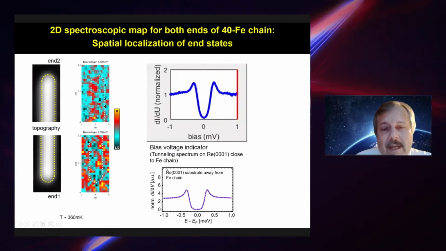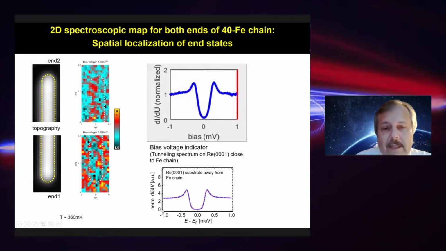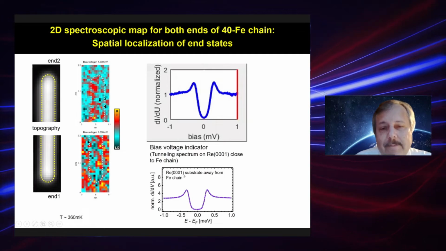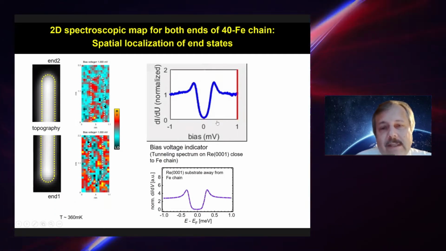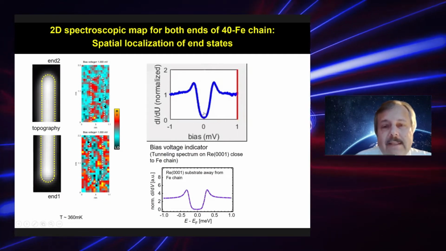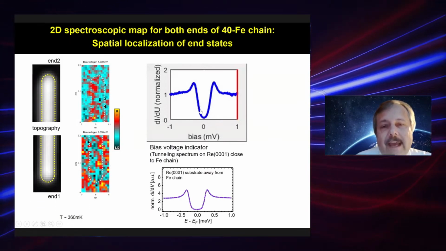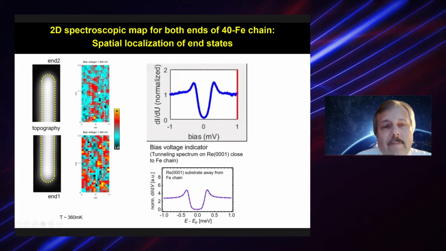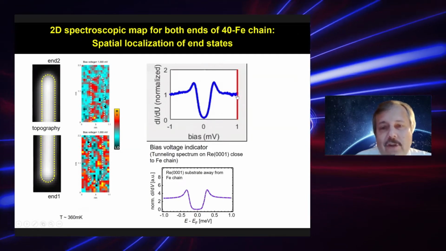So here you can see, first of all, again, the spectrum measured with local tunneling spectroscopy on the bare rhenium substrate. And here, if you get a little bit closer to the chains, you see you already fill in some state density in the gap, but still you see some pronounced gap. And now we are going to measure, of course, also on the chain and at the chain end as a function of energy.